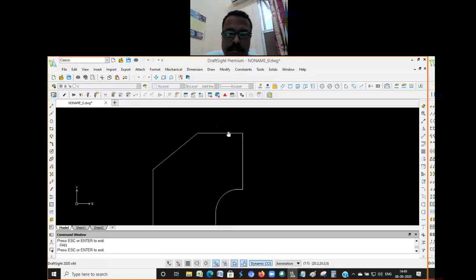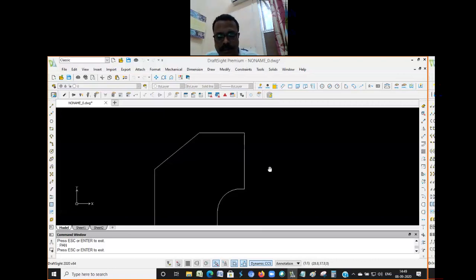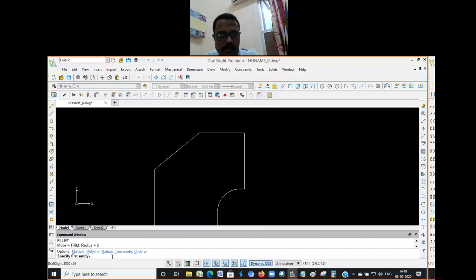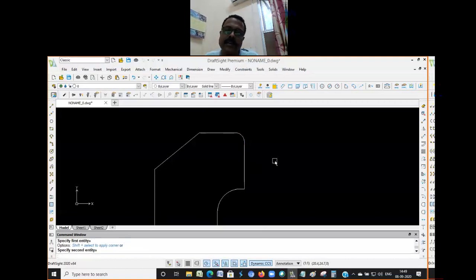Okay, so if you want to fillet this edge with suppose 2 millimeter on both sides, how will you do it? For that, let us use the fillet command, or F. Let us check the radius. It is 5. We don't need 5, we make it 2. My first entity is this line, second entity is this line.